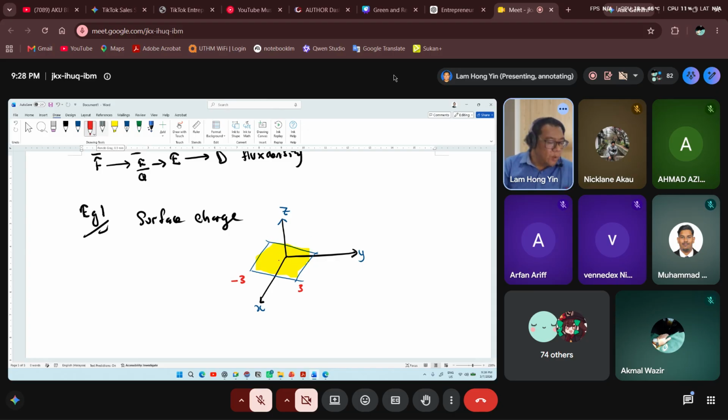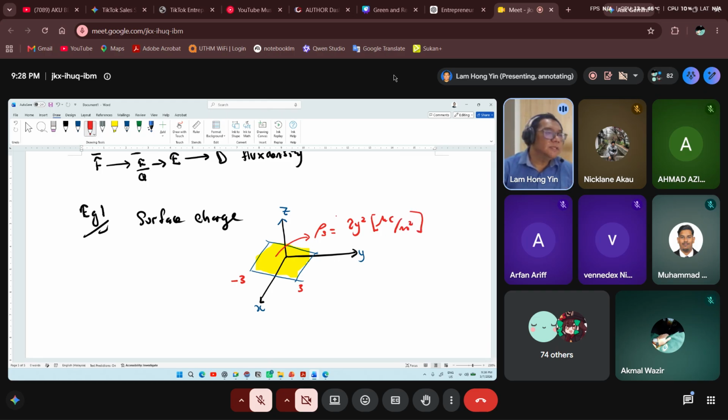So the square is located on the floor, and it has the surface charge density rho s equals 2y squared microcoulombs per meter squared.